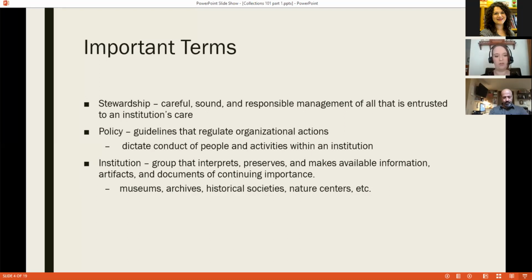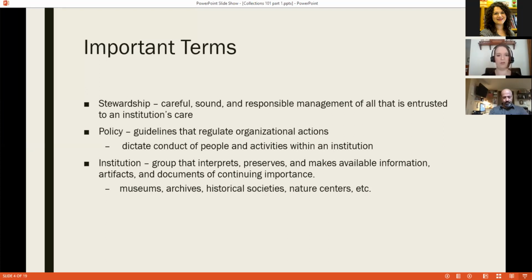This could be anything from a museum, archive, historical society, nature center, science museum, any sort of educational group. I try to use the term institution because, even though I very much enjoy museums and working in the museum world, there are other types of institutions that present this information.